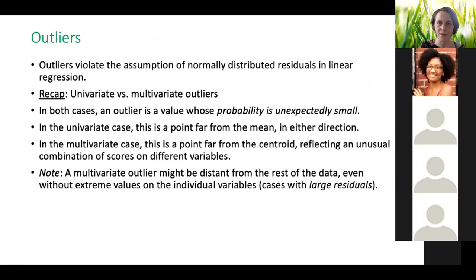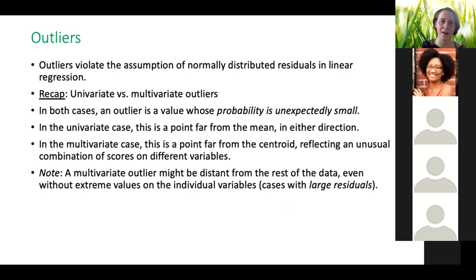Outliers also violate the assumption that residuals should be normally distributed. It varies a little bit whether outliers are seen as a violation of the assumptions or not. You could define them as a violation, because one assumption is that the error terms, the residuals, are normally distributed, and outliers certainly contribute to making these distributions non-normal.